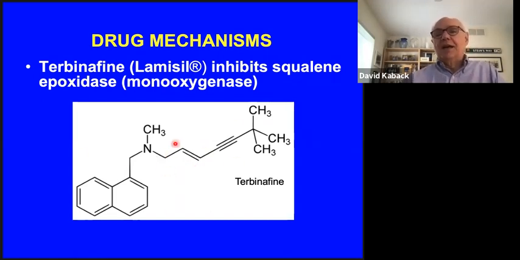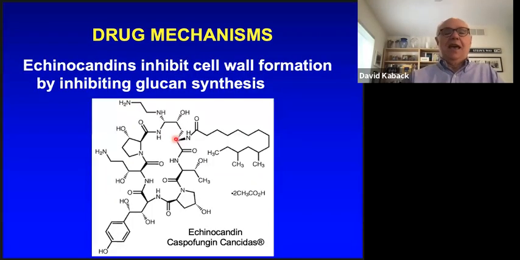Okay. Finally, I want to leave the membrane inhibitors and move on to echinocandins, otherwise known as caspofungin or Cancidas. These again are complex organic molecules. They're actually produced by other fungi, and they inhibit glucan synthesis.